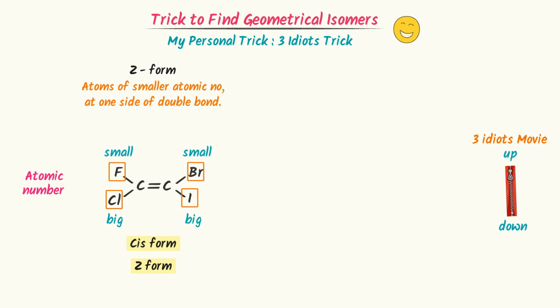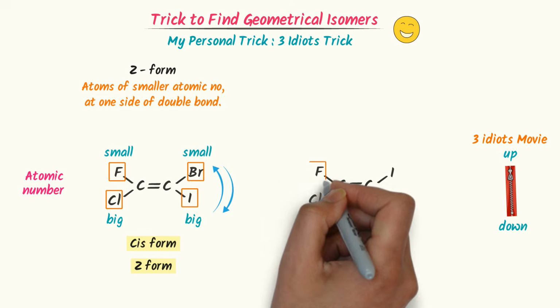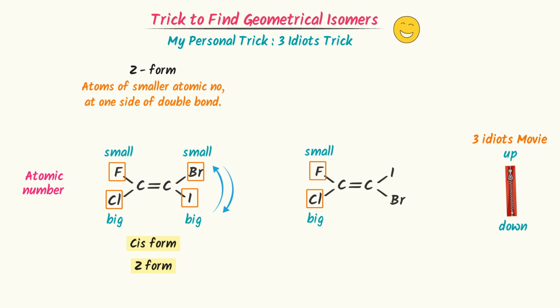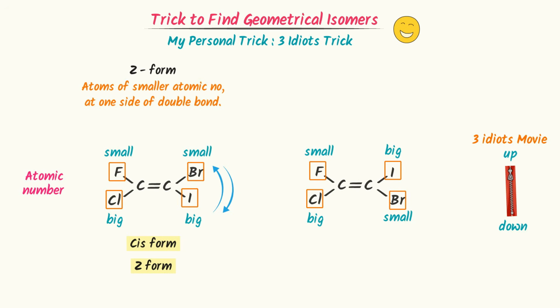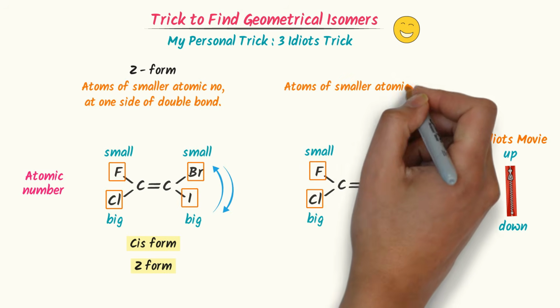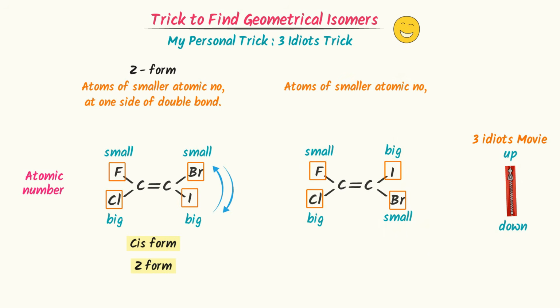Now to find its geometrical isomer, I interchange the up and down groups. I get this compound. Here, fluorine has a smaller atomic number than chlorine, but iodine has a larger atomic number than bromine. Remember that when atoms of smaller atomic numbers are present on opposite sides of the double bond, we call this isomer the E form.